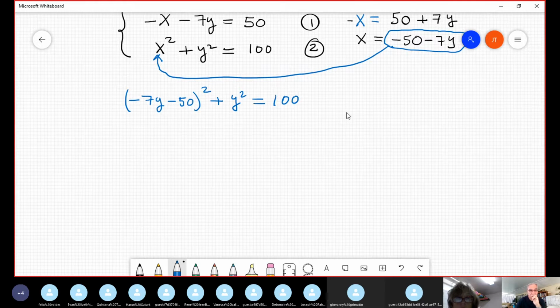When you square it, the negative becomes positive. The square of the first term is 49y squared, plus, never negative, because when you square, it becomes positive, 7 times 50 is 350, but it's twice, so 700y, plus 50 squared, which is 2500, plus y squared equals 100.